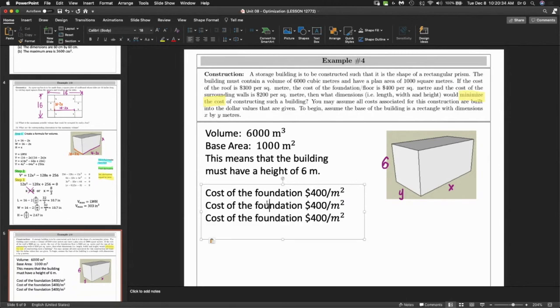And then the cost of the walls, and by walls I mean the brick, or whatever the external is, the whole thing. That facet of the building is going to be 200. And then the roof. How much money per square meter? 300. That's good.